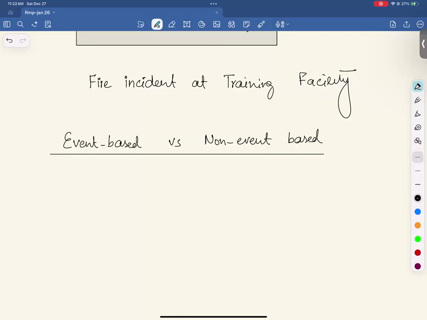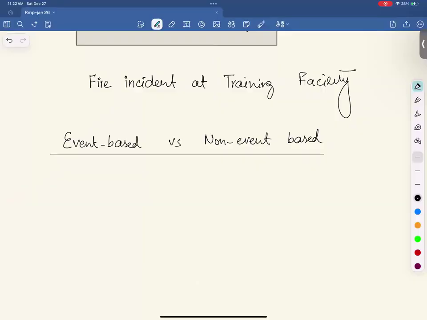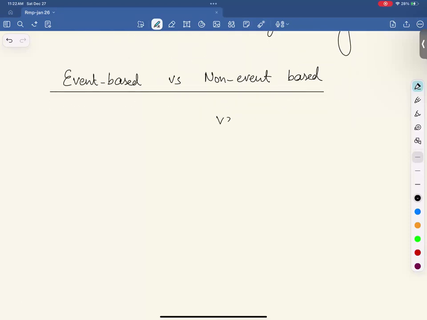For example, we categorize non-event based risk as variability risk and ambiguity risk.